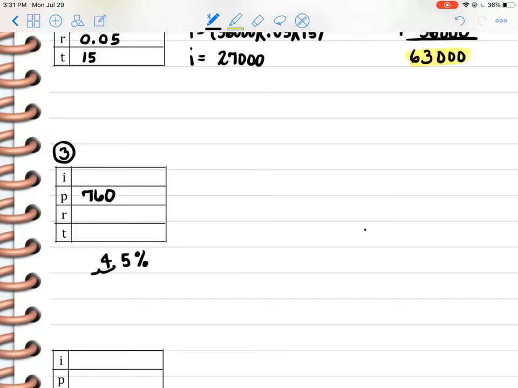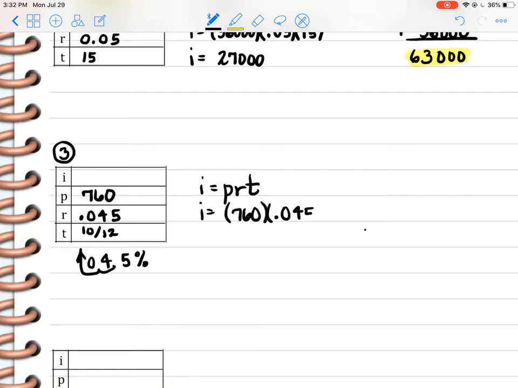You want to move the decimal 2 places, so you have 0.045. And 10 months is 10/12 because there are 12 months in 1 year. So I equals PRT. I equals 760 times 0.045 times 10/12.